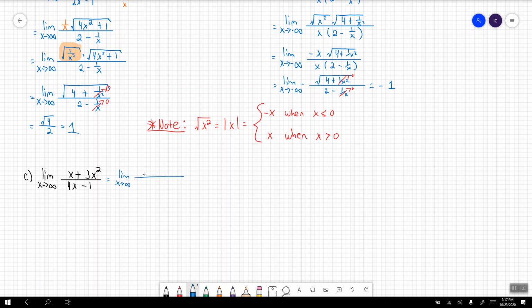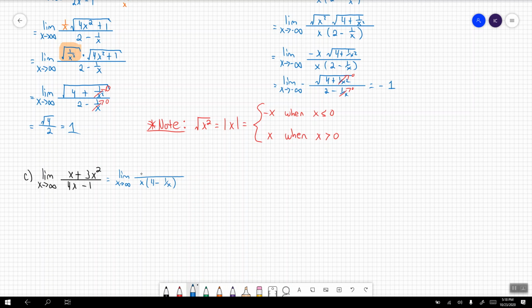And when we do so, we can do the same thing for the numerator, where we're going to be able to factor out that specific value as well. So for the denominator we get x times the quantity of 4 minus 1 over x.